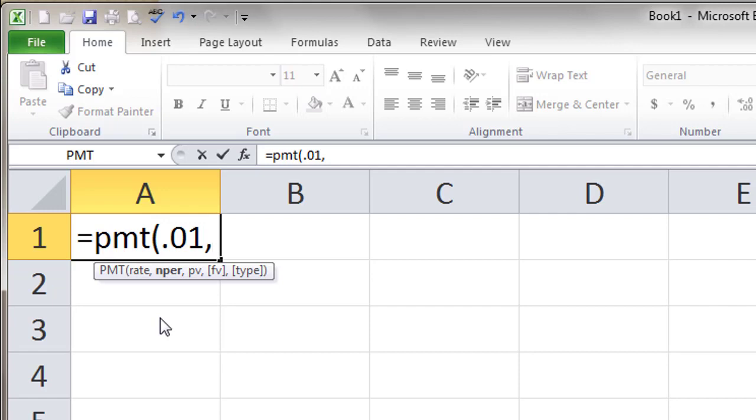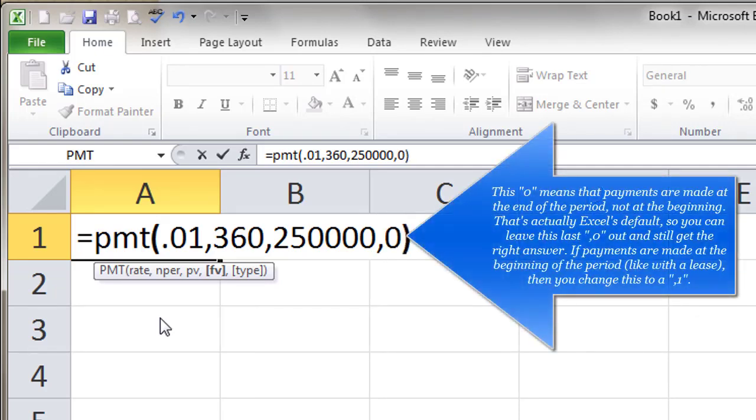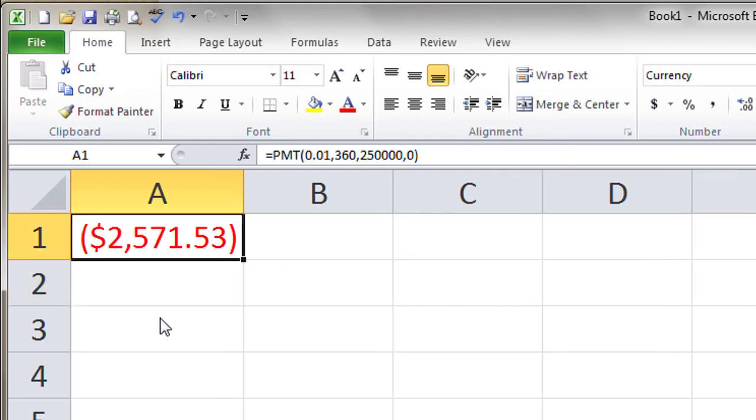The number of periods, nper, is 360. The present value is the 250,000. There's no value in the future. This loan will be gone in the future. And then I hit end parenthesis. It always comes out negative. For some reason they've set it up so it comes out negative. But you can see it comes out to virtually the same value that we got using a table.